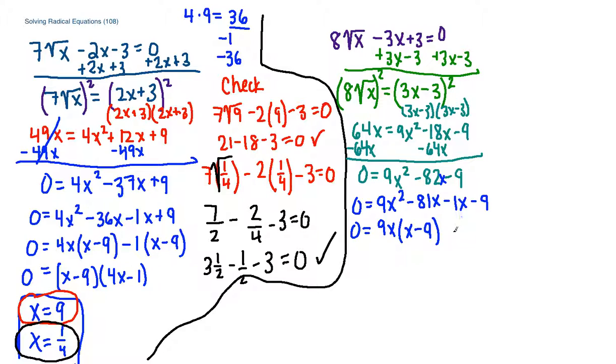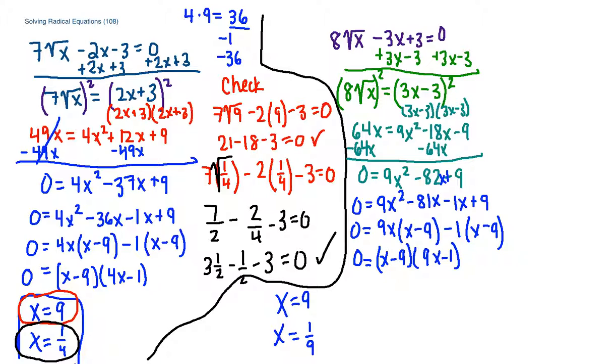And in the second two terms, I can factor out a negative 1 and then have x minus 9. And then if I factor out the x minus 9, I'm left with the 9x minus 1 equals 0. So my two answers are x equals 9 and x equals 1/9.